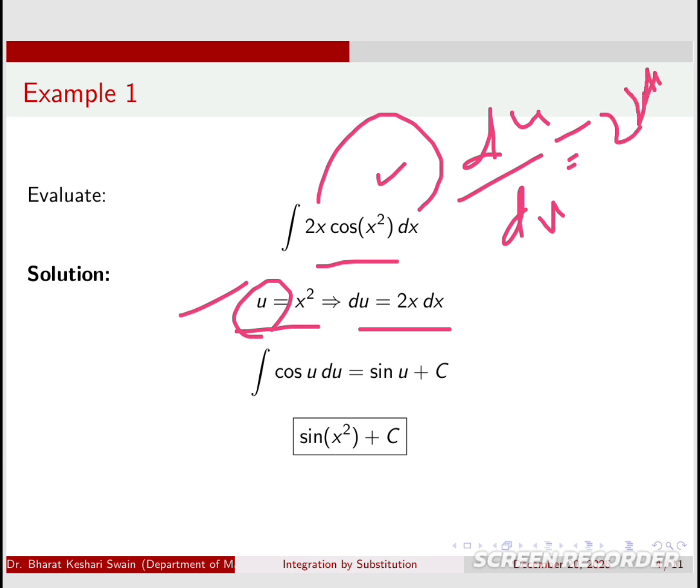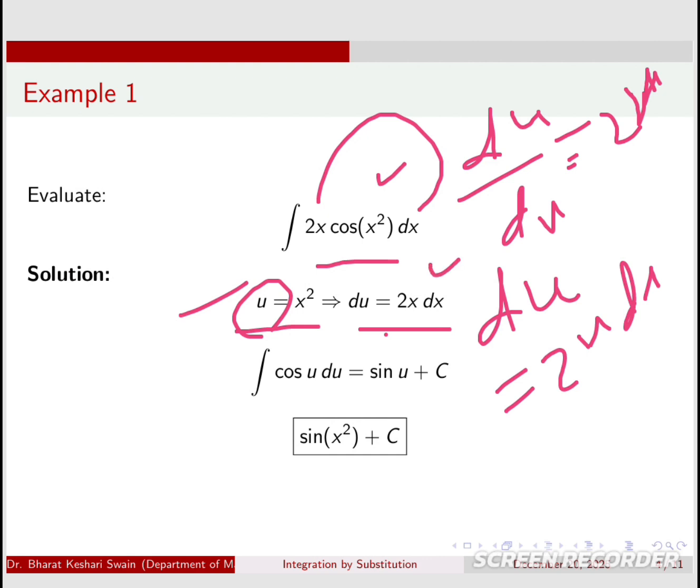By cross multiplication, du will be 2x dx. So therefore du equal to 2x dx.